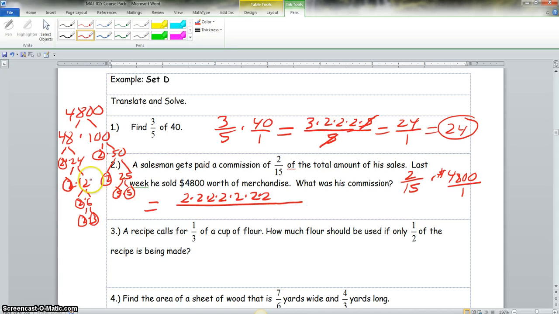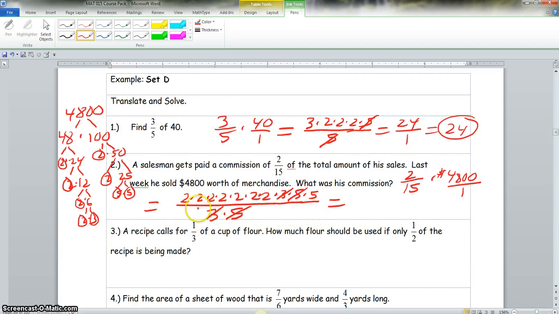Okay, and then also, what else we have here? We have 1 3 and 2 5's. Now our denominator, we have 15 times 1, which is 15, and the prime factorization of 15 is 3 and 5. So we got 1 set of 3's and 1 set of 5's.